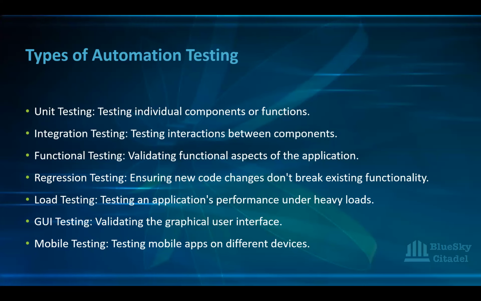For example, if you have gone on any travel booking website, the functional testing there would involve verifying that users can search for flights, users can select seats, users can make reservations, and users can receive confirmations as expected. It validates the functional aspects of the application. Then we have regression testing.